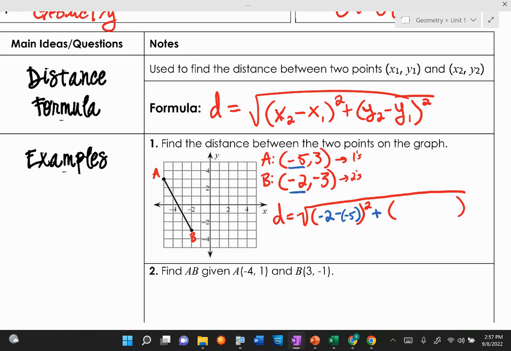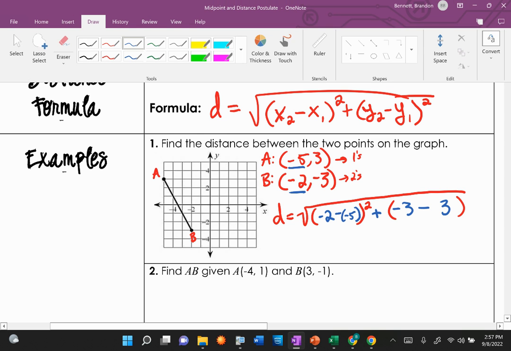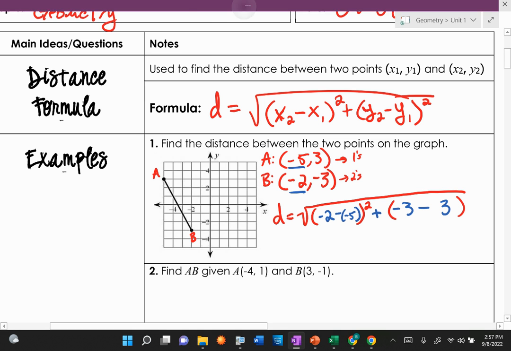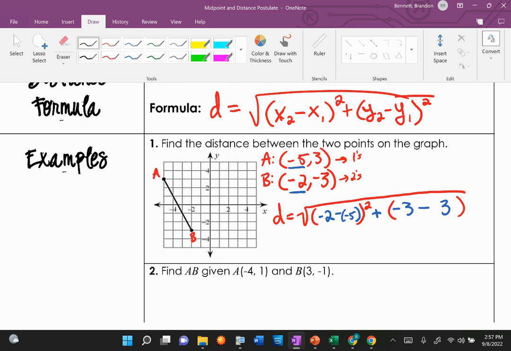No, actually, it needs to be squared. Now, what's your y2? Negative 3 minus y1, squared.